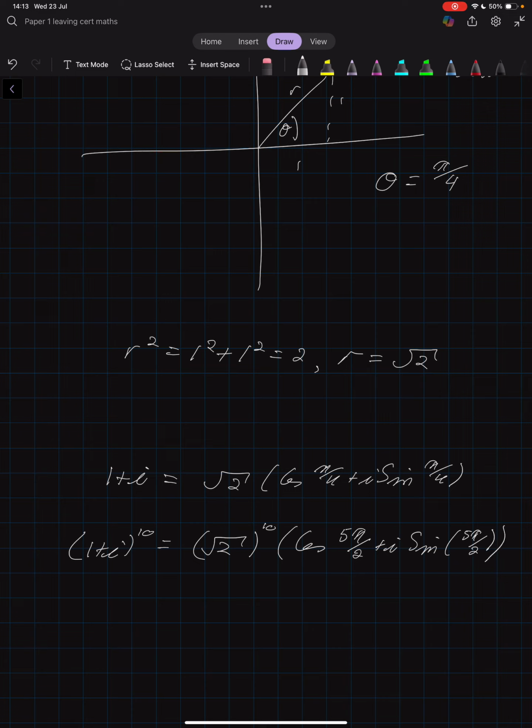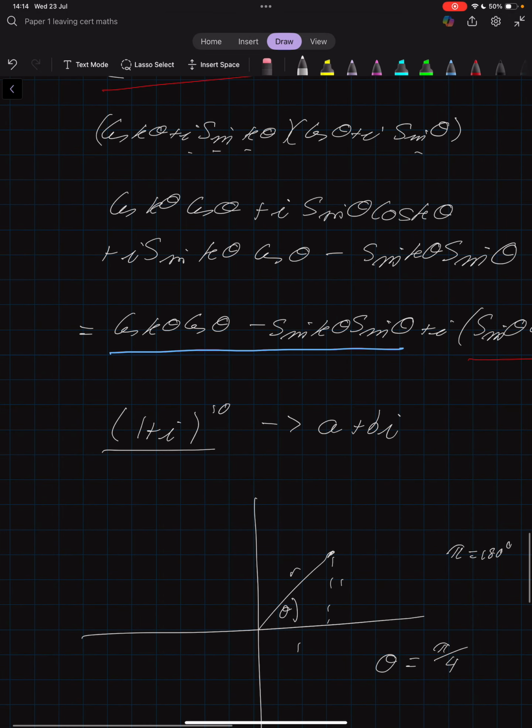Root 2 to the power of 10 is 2 to the power of 5, which is 32. The cos of 5 pi over 2 should be 0, and the sin of 5 pi over 2 should be 1. So it's just 1i. So the answer is just 32i.